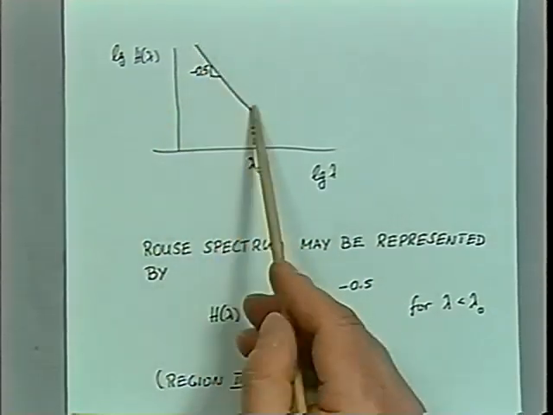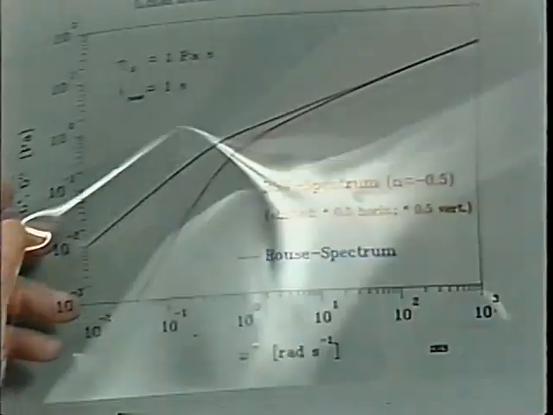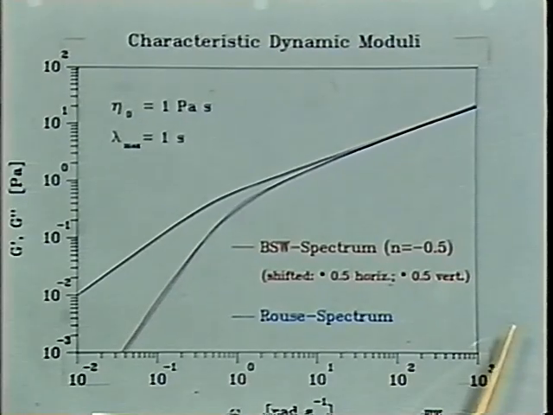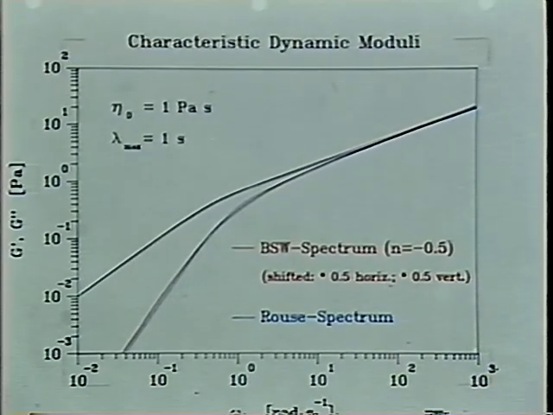So if you just take this and calculate G prime, G double prime, you get exactly the same spectrum as calculated from the Rouse model. It's interesting, isn't it? You just take a simple power law, cut it off, and you get exactly the same behavior, same structure. And all of this fits together very nicely.